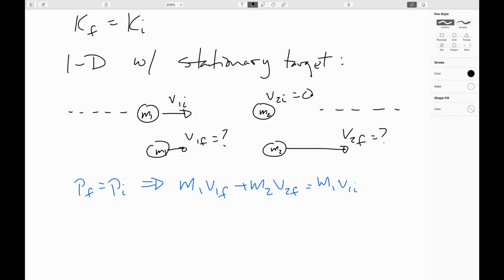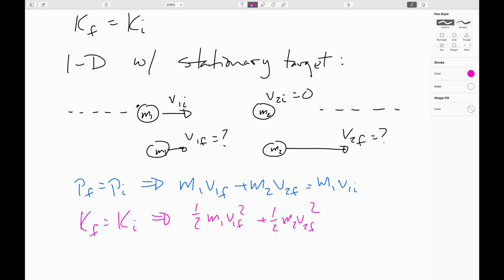But fortunately we've got the statement that it's an elastic collision. So that means that we can require that the kinetic energy at the end be equal to the kinetic energy at the beginning. So what's that going to work out to be? Well, 1/2 M1 V1 final squared plus 1/2 M2 V2 final squared.